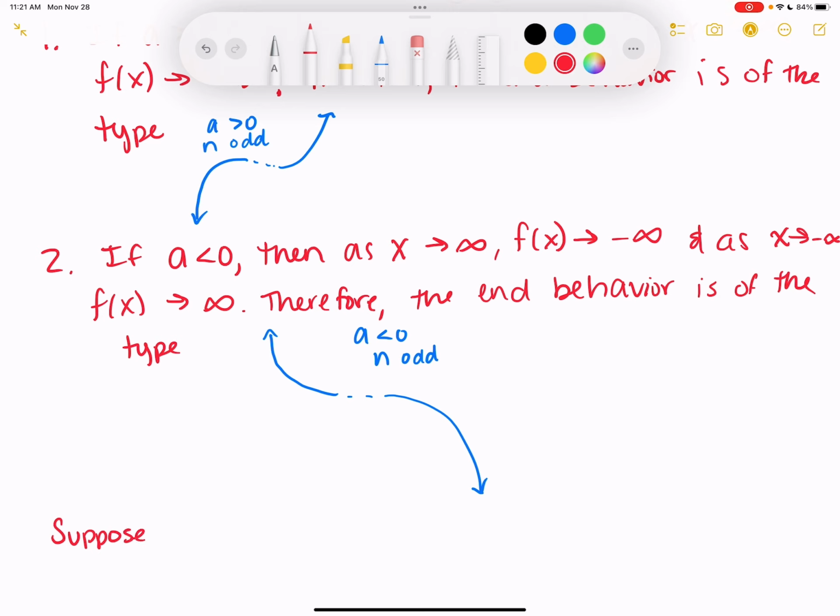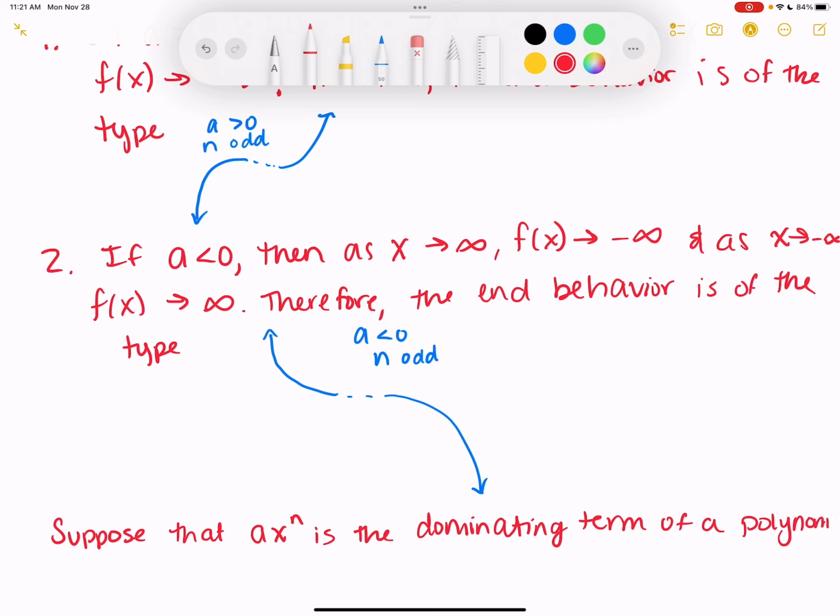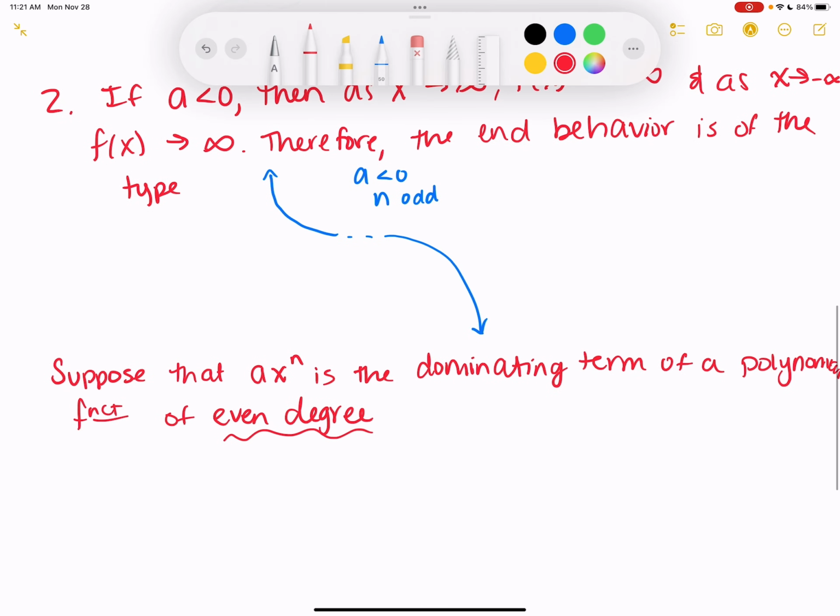And then suppose that a x to the n is the dominating term of a polynomial function of even degree. So now we're looking at like 2, 4, 6, 8, so on and so forth.